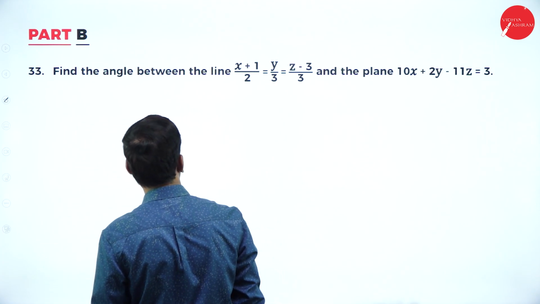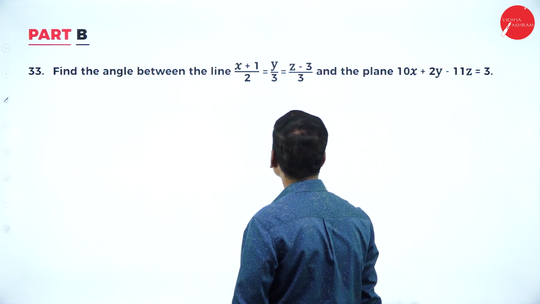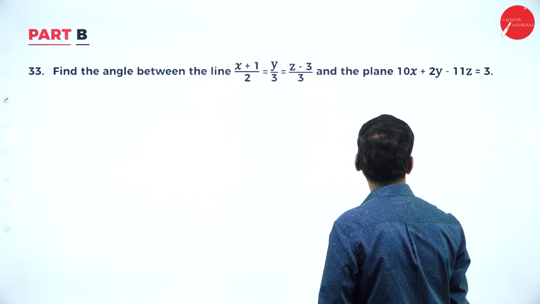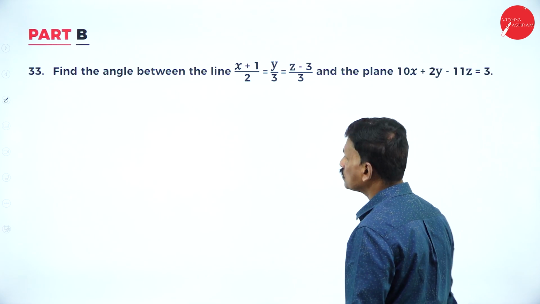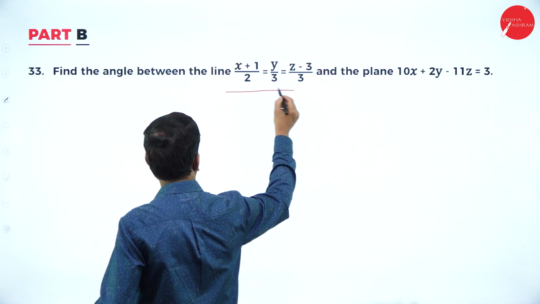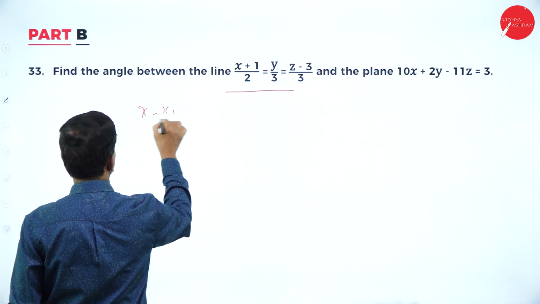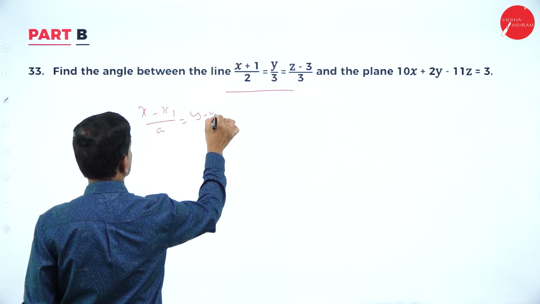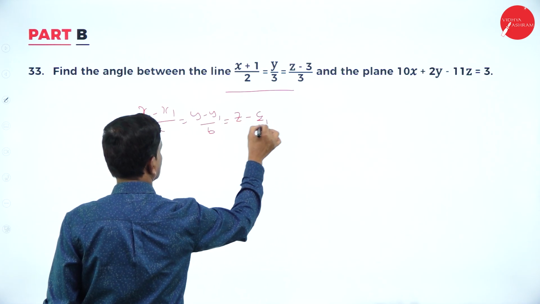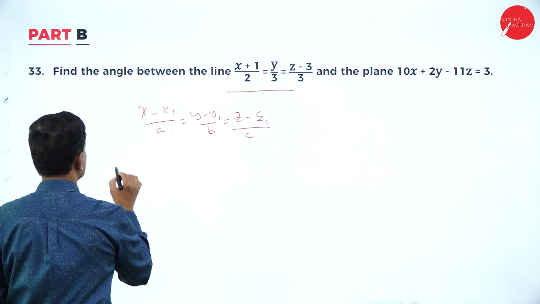Find the angle between the line (x plus 1) by 2 is equal to y by 3 is equal to (z minus 3) by 3 and the plane 10x plus 2y minus 11z is equal to 3. Now just observe. This line is of the form (x minus x1) by a, (y minus y1) by b is equal to (z minus z1) divided by c. Now what is the vector b here?